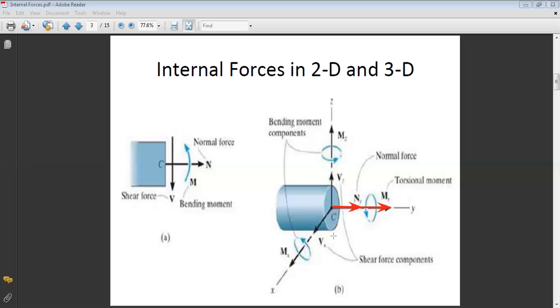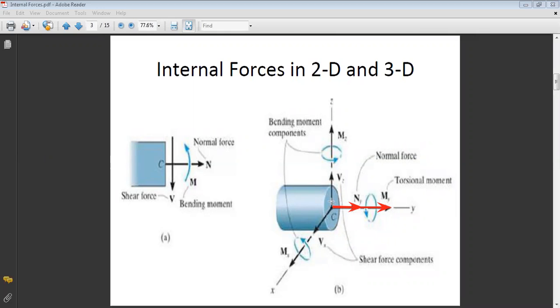So, we have also the moment. For the moments, if you have moment vectors along the section plane, then they are called bending moments.